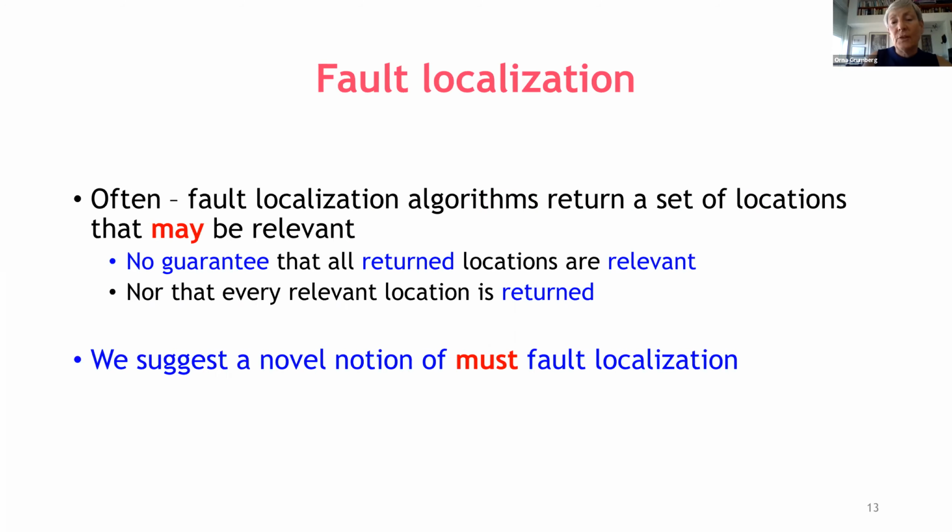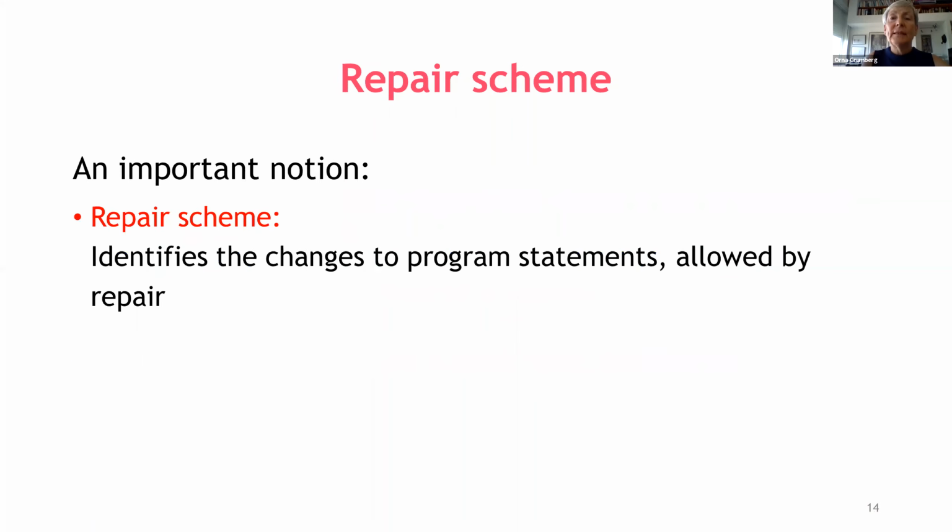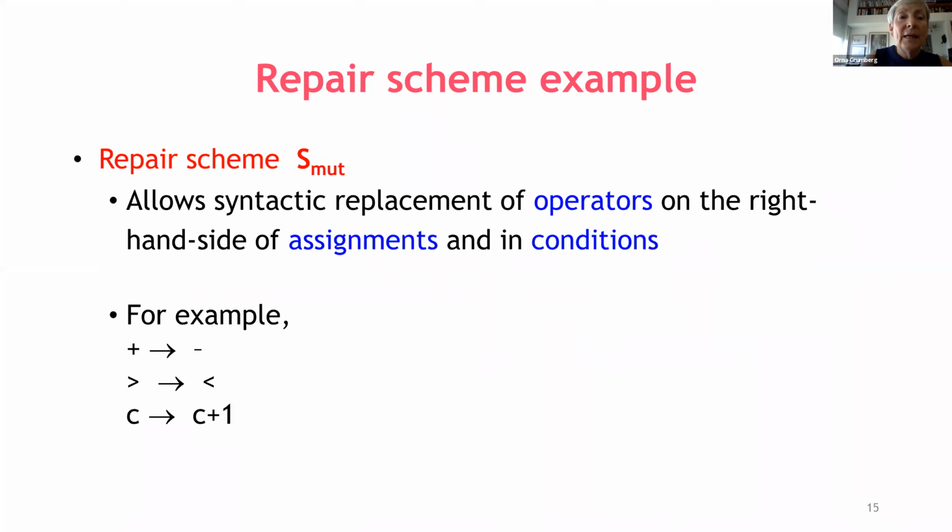We suggest a novel notion, which is masked fault localization. Before doing that, we will define the notion of repair scheme because it's relevant to masked fault localization. A repair scheme identifies the changes to program statements allowed by the repair.